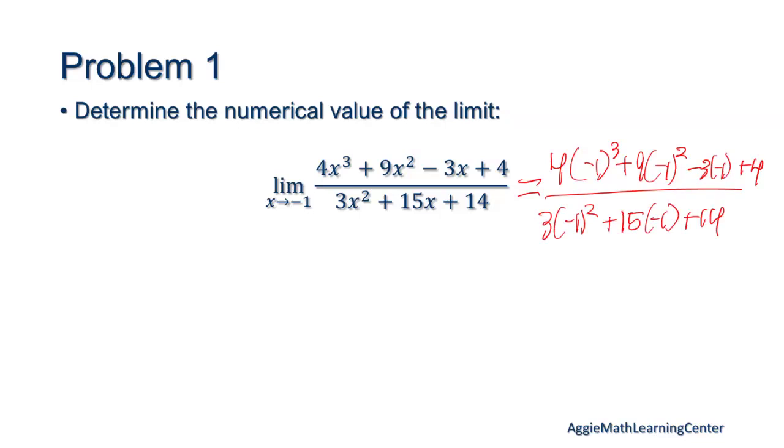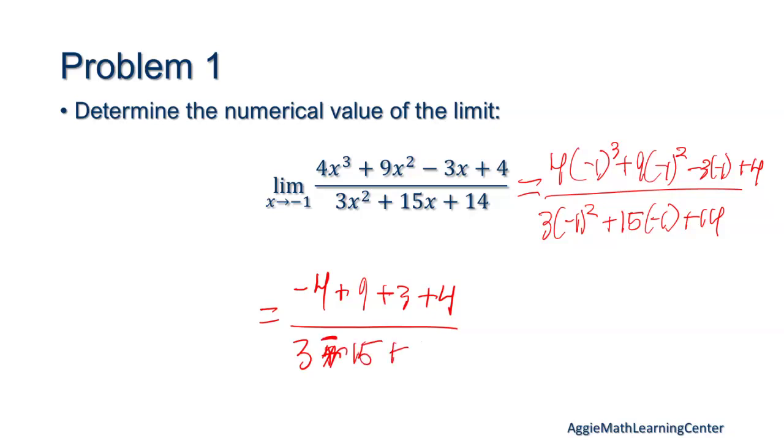It's a lot of negative ones. So that's -4 plus 9, minus a -3, so plus 3, plus 4, all over positive 3 plus -15, plus 14.